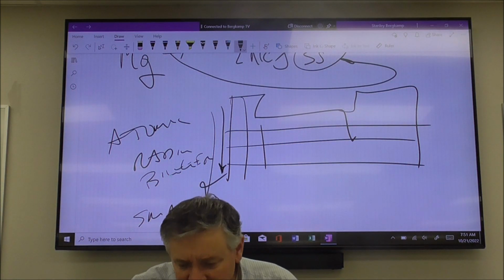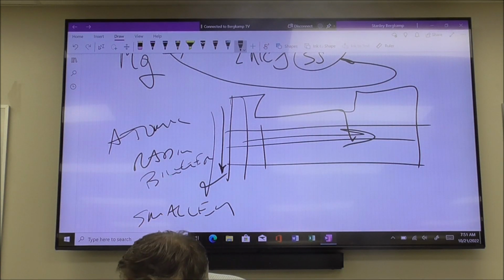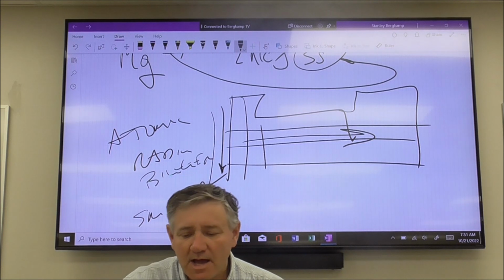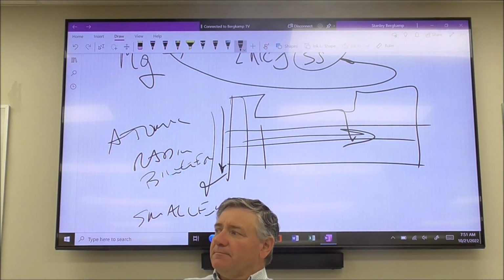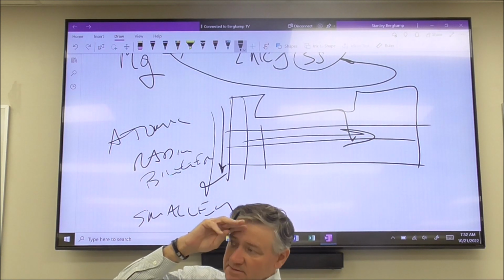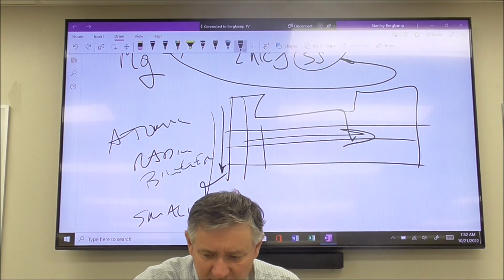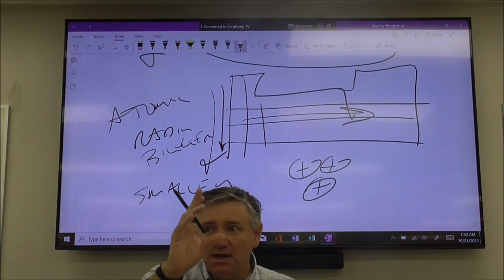Now, as you go across, and this is the one that's counterintuitive, trust me, this is the one that gets missed the most. As you go across, everybody wants to say, oh, atomic radius should get bigger because I'm putting more electrons in there. But here's what's happening. As you go across, you're increasing the number of protons in the nucleus.